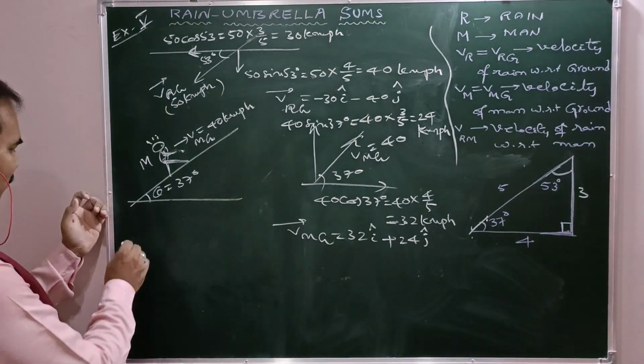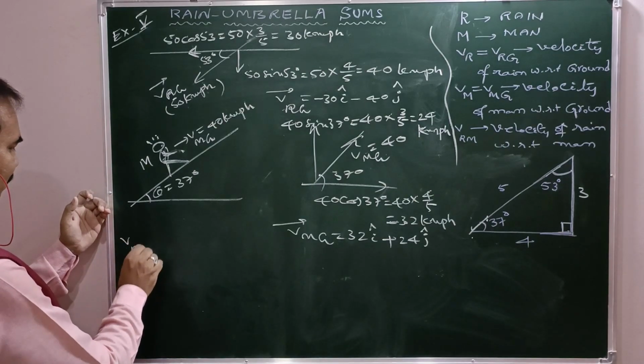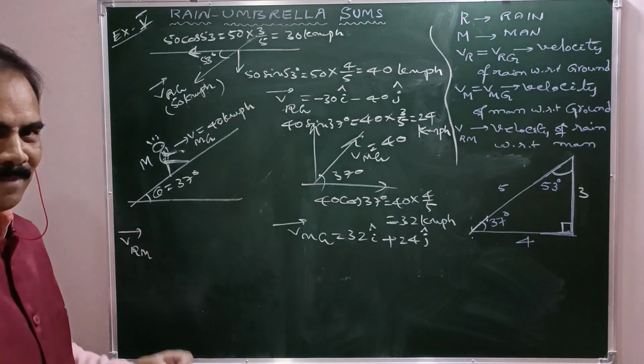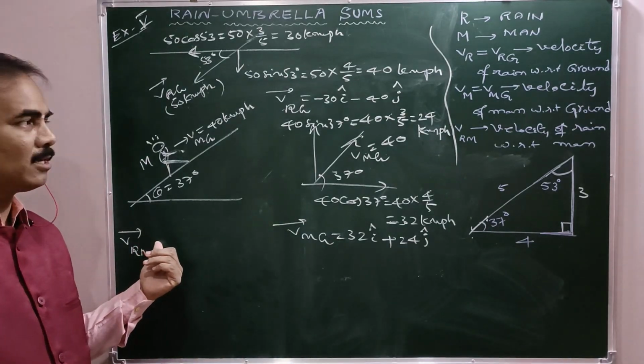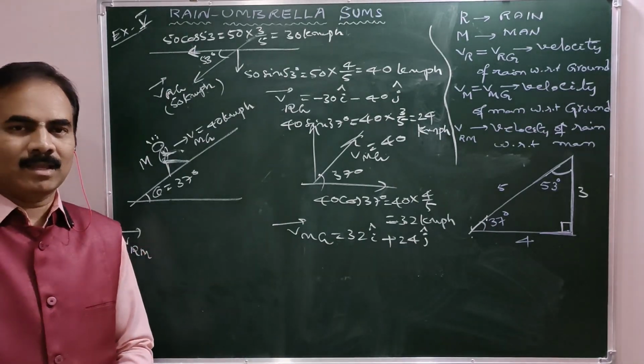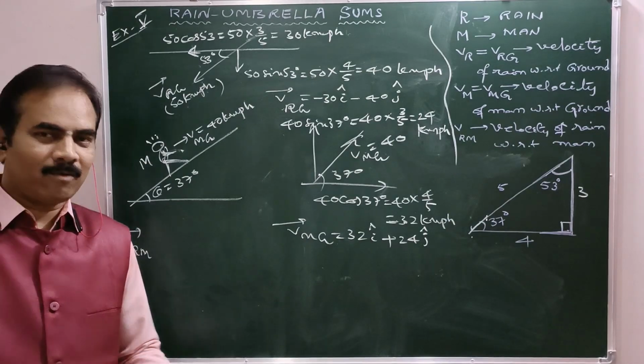Now let us find VRM bar, the velocity of rain with respect to man. That is crucial. Why? Because that is the direction in which he must hold his umbrella if he wants to keep the rain away. Okay, right?